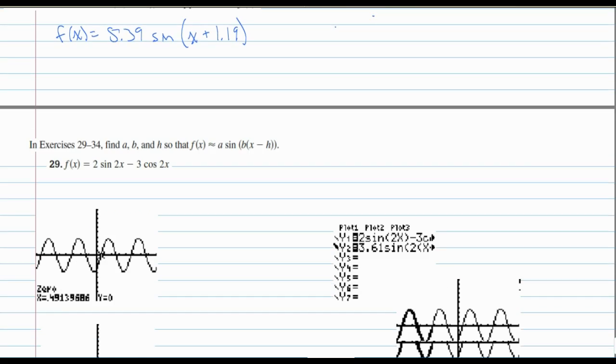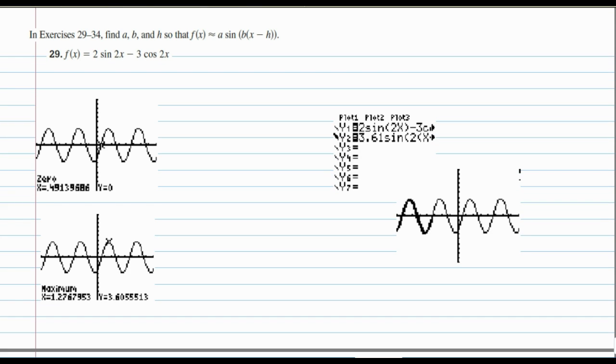The now try problem, example 29, is asking us to do the same process. So I graphed the original function, and I found the 0 that used to pass through the origin of a normal sine function, and that was at 0.49. So the h value is 0.49.